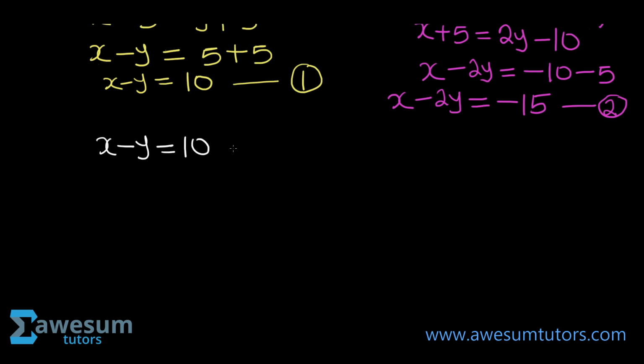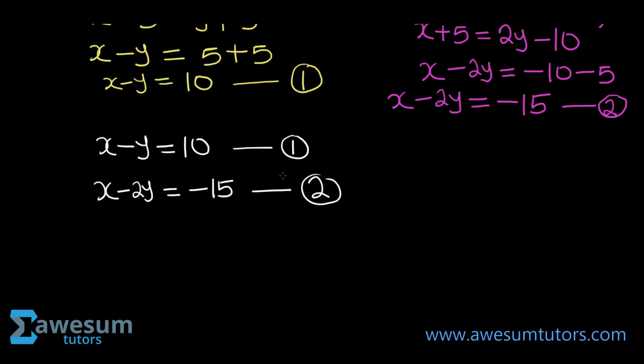That's my equation 1, right? I'm rewriting that out, and this is my equation 2. X minus 2Y equals minus 5. So this is equation 1 and this is equation 2.